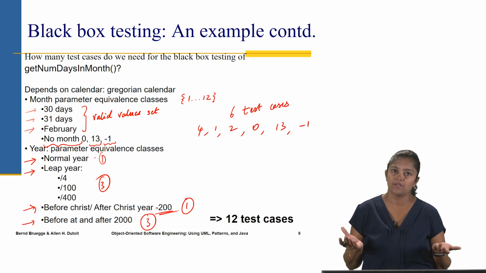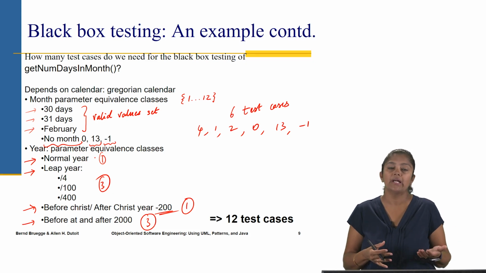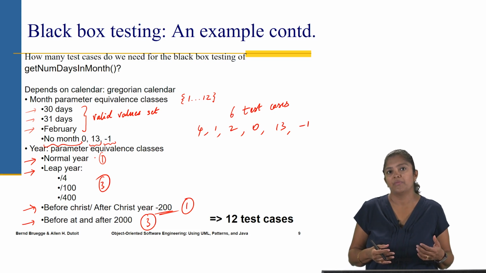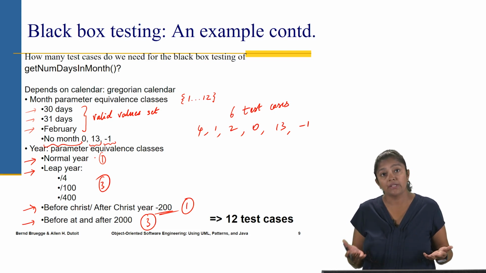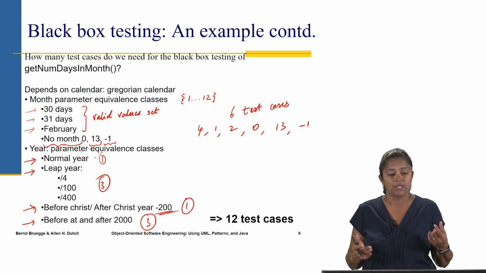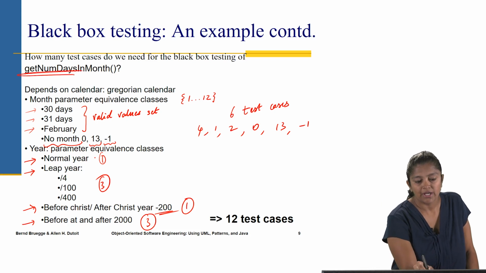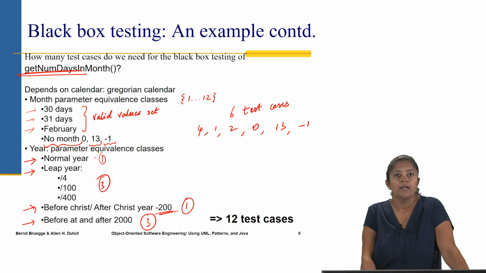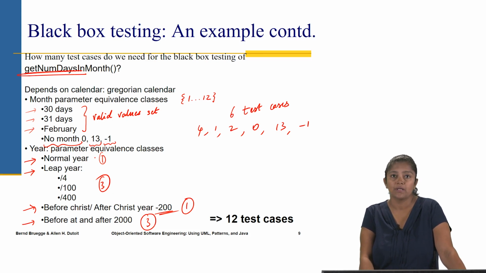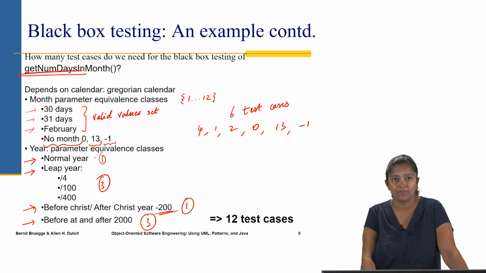And with having done that, we can be reasonably confident that we've done thorough testing of all possible cases of inputs. The reason we are doing this is we want to make sure that this method, get number of days in a month, is doing the calculation correctly for all of these cases. So that's the idea of equivalence partitioning, and that's how different possible inputs are generated for the test cases using this equivalence partitioning technique.